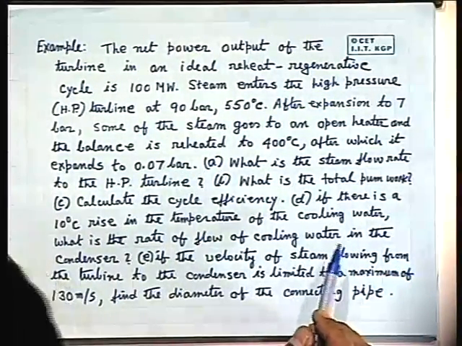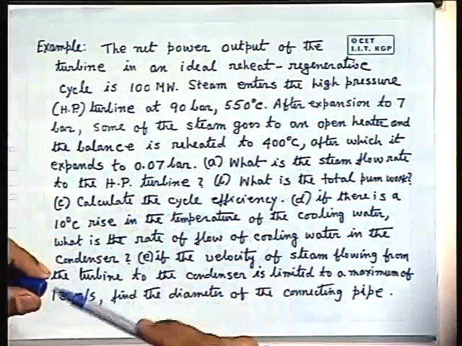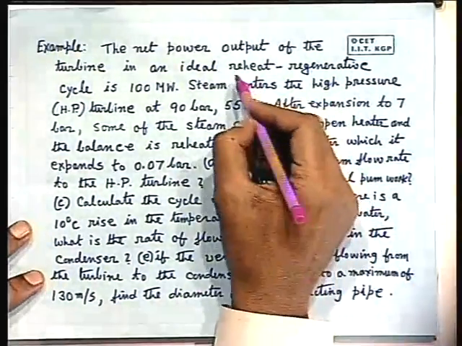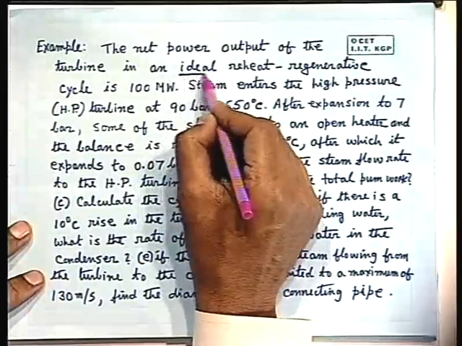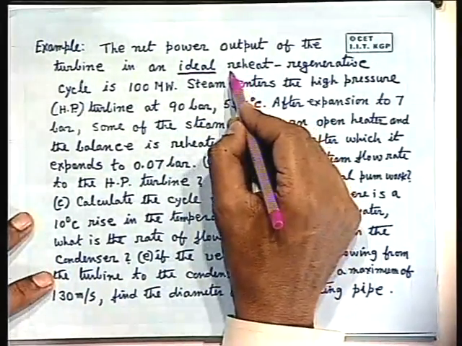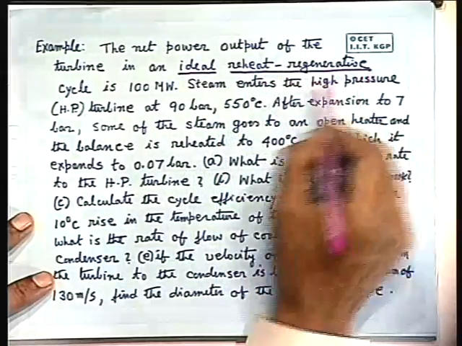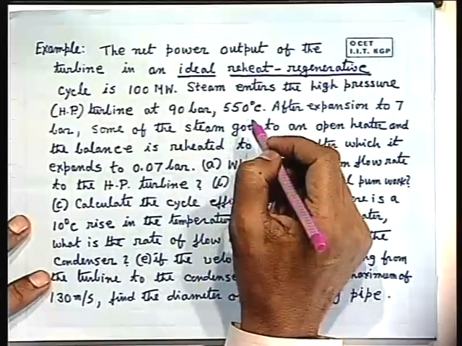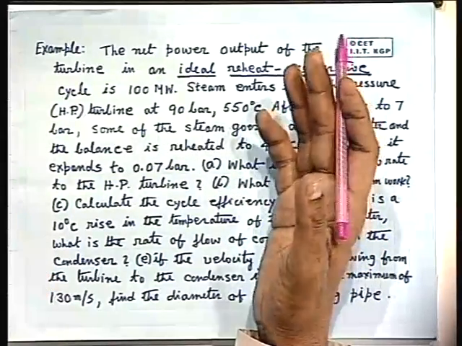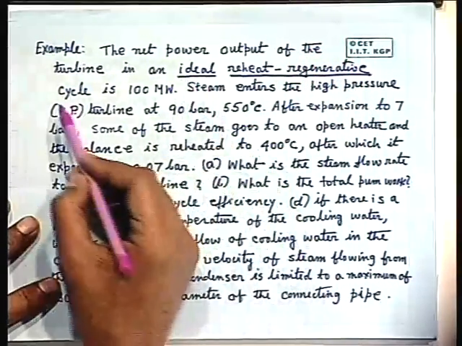Well, the example is like this: the net power output of the turbine in an ideal reheat regenerative cycle. Ideal does not mean that inside the turbine, try to follow. Ideal means the processes are ideal, isentropic expansions, and there is no heat loss from the heater, heat transfer taking place between the steam and water, that is why it is ideal.